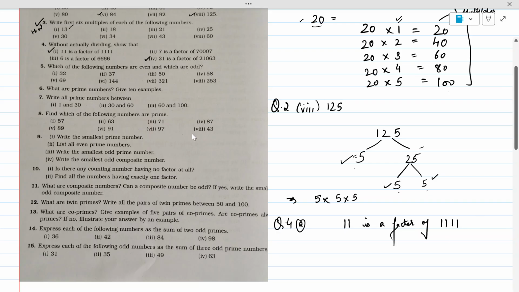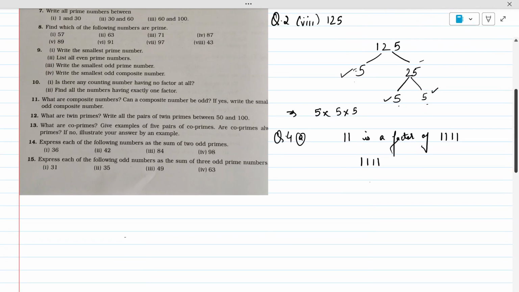So kids, how you can do this question here is, see, we have this number 1111. Let's try to break this number. We can write this as 1100 plus 11, right? We can always write this number as this.